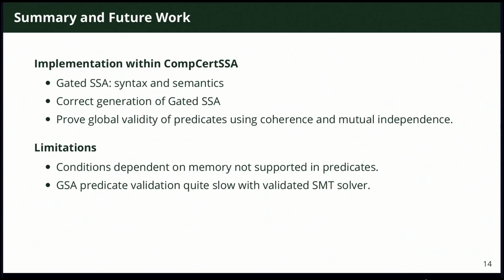For now, we don't support them, and we need a more global validity property about the C program to be able to prove this. And the predicate validation that we do is quite slow at the moment because we're using this validated SMT solver approach, and so we have to use a relatively old version of Verit, which handles some formulas badly.